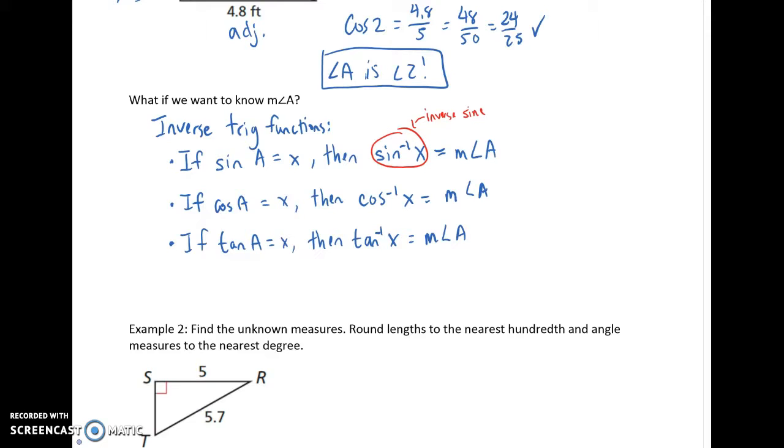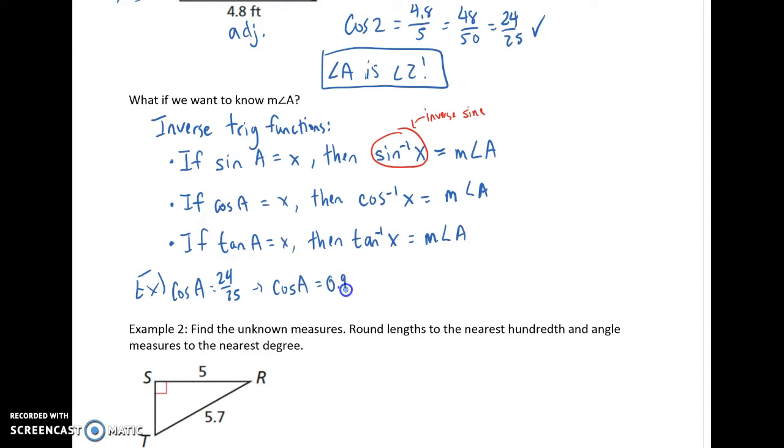If we wanted to find what angle A was in the example, I would again be using that inverse cosine. Cosine of angle A was equal to 24 over 25, and that 24 over 25 is 0.96. You can feel free to use the exact decimal, not rounded, or the fraction the way it is.